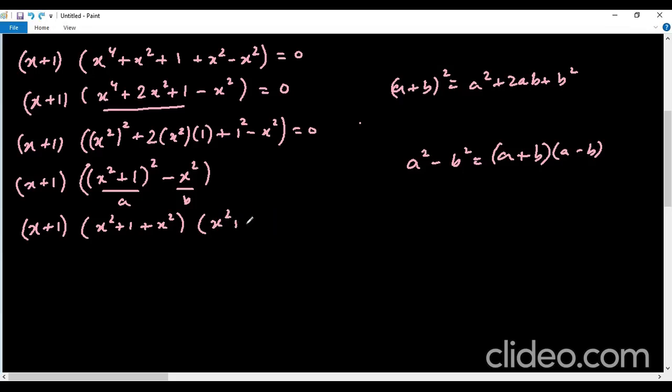This one is going to be minus 1 and plus x square. So this is a and this is b.